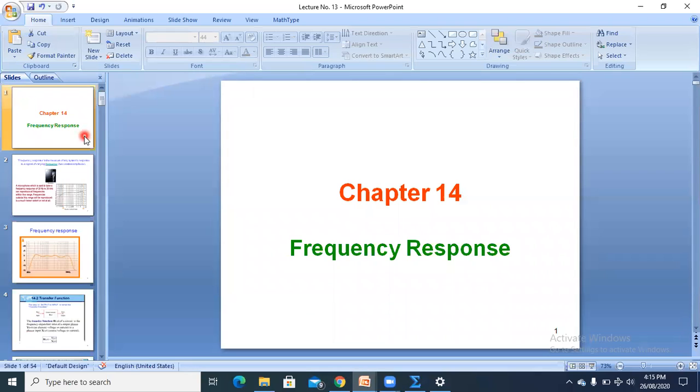Now, actually, the frequency response of the circuit is important.